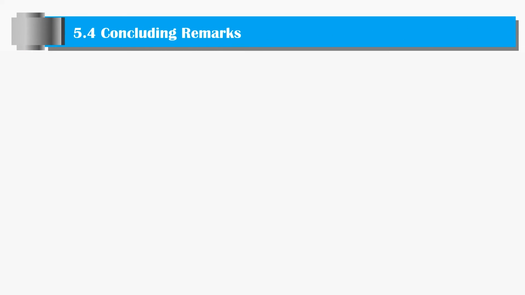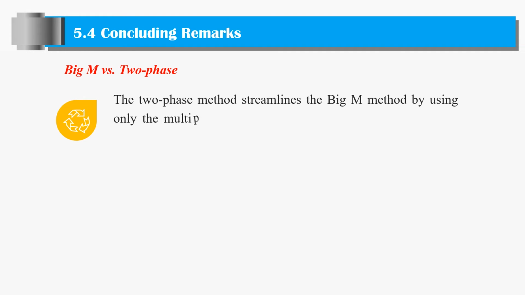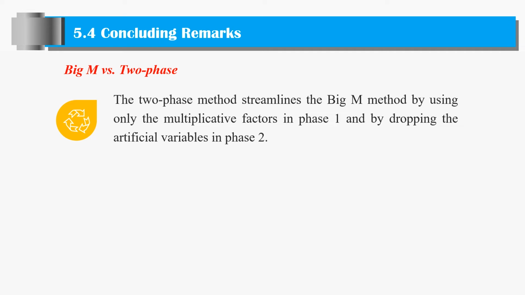Okay, so as we saw from the previous examples, the two-phase method streamlines the big M method by using only the multiplicative factors in phase 1 and by dropping the artificial variables in phase 2.